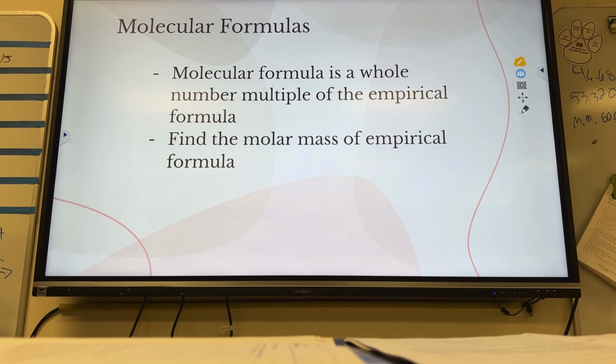You need empirical formula to get here, and we're going to talk about how we use that. But just like we just saw, C3H12 was simply triple CH4. It was a whole number multiple of that empirical formula.